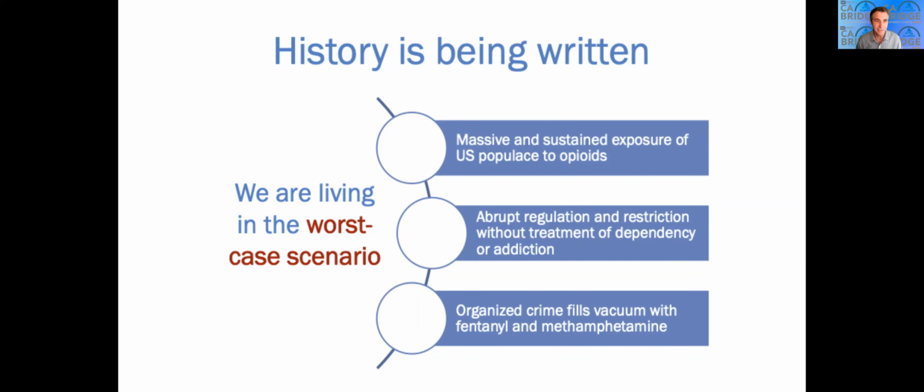We are basically living in the worst case scenario. Like it could not have gone worse, right? So basically, in the 1990s, you have this absolutely awful profiteering that occurs. So this unprecedented exposure of the US population to opioids driven by greed primarily, right? So McKesson, Purdue, Lilly, all of them, right?